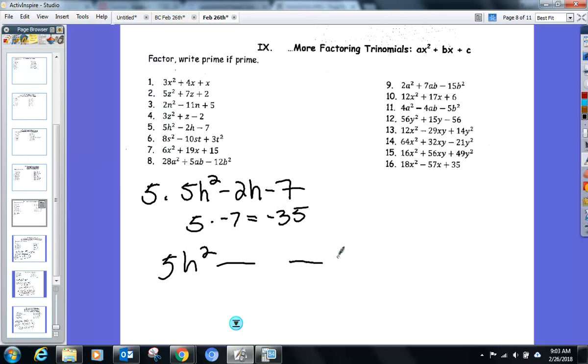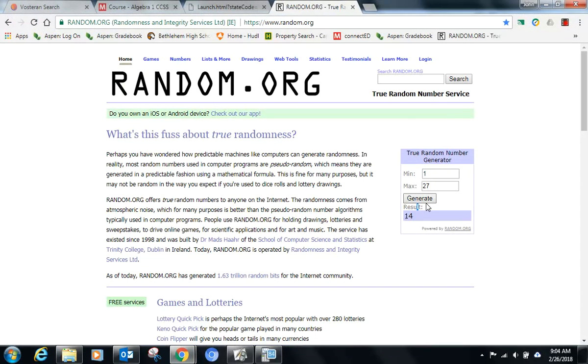5h squared, boom, boom, minus 7. I'll let you guys figure out those terms right now. Multiply to negative 35, but are 2 apart. Finding those 2 terms that I need to fill in. 14.